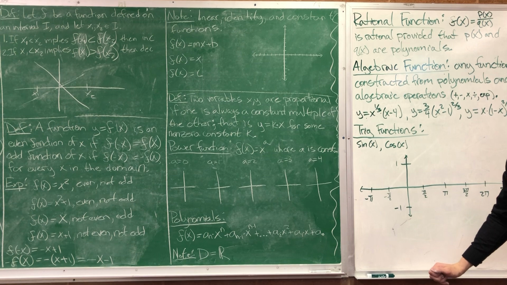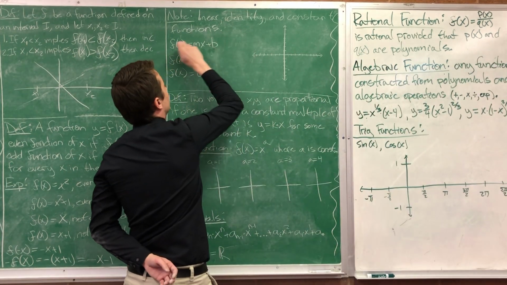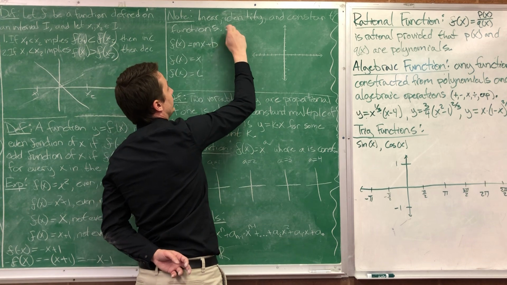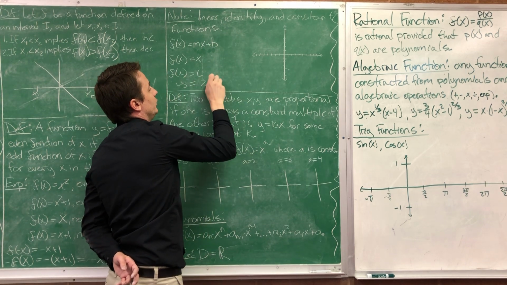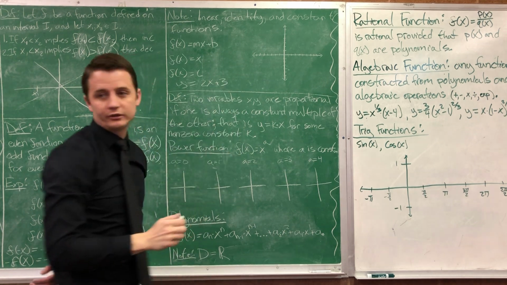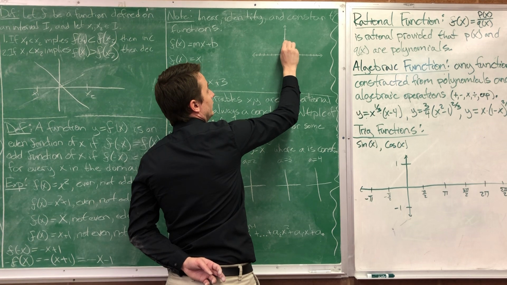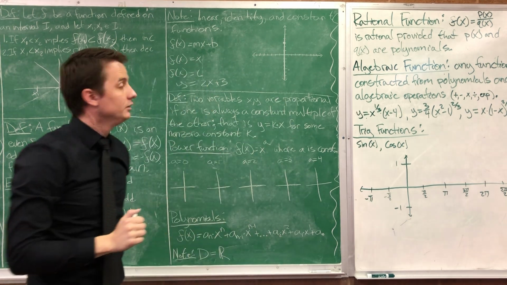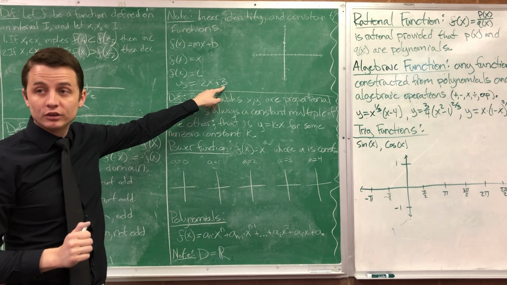Anyways, let's look at a particular one of these functions and make sure we remember how to graph them. So this is what they look like in general. A particular one would be f of x, or y equals 2x plus 3. What does something like that look like? Well, that's a function that goes through the y-axis at 3. B's our y-intercept, right? And it has a slope of 2.